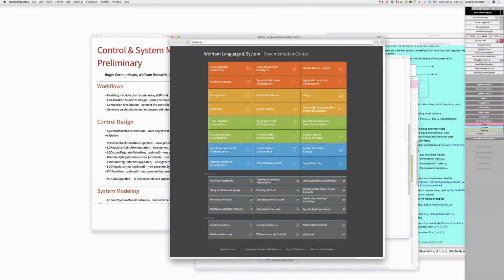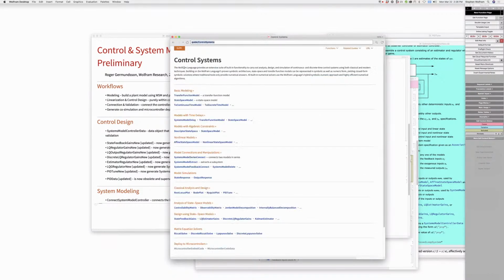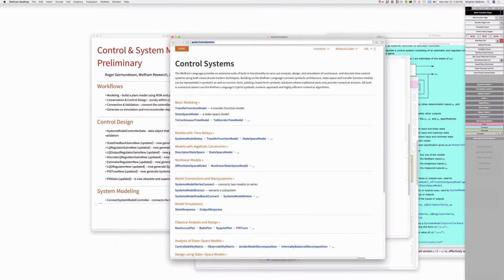Okay, so if I say control systems, if you look in model connections. Okay, so we've got a mess here. How do these relate to the modern system model things? Do you understand my question? Are they compatible or not?